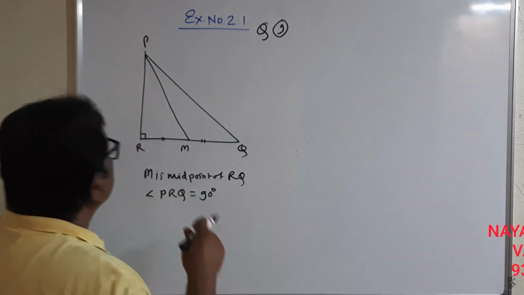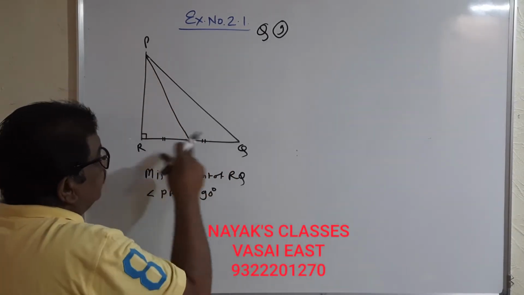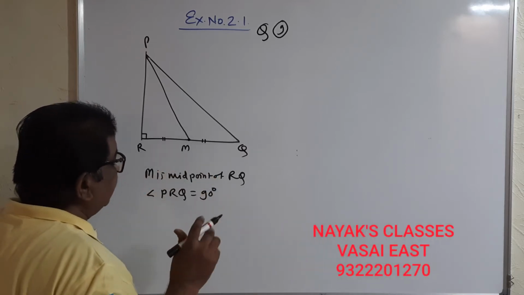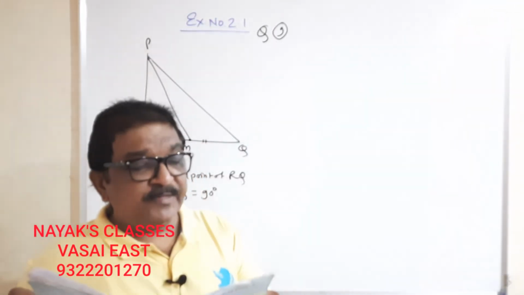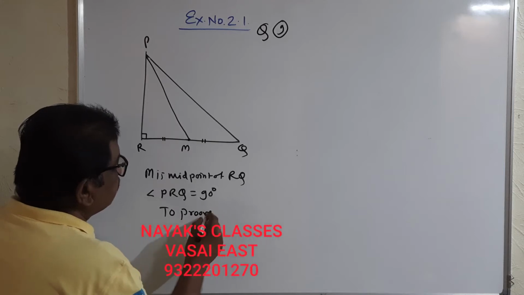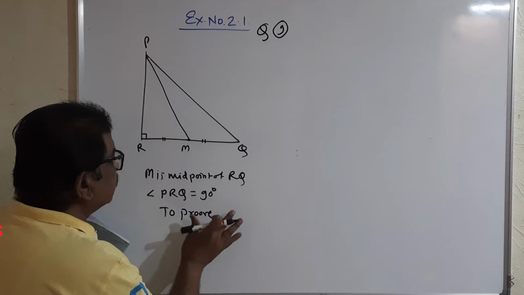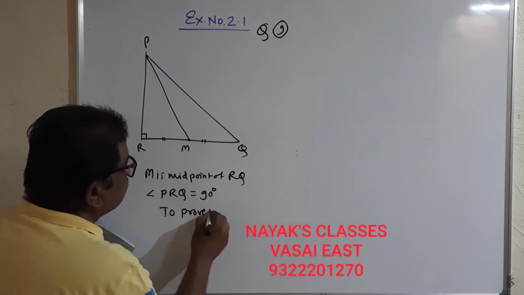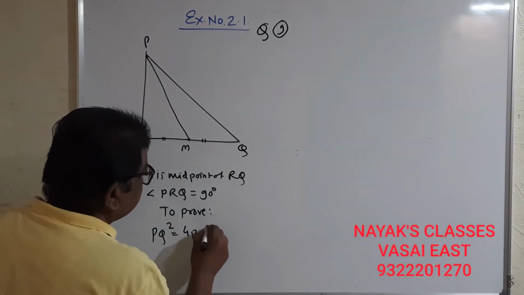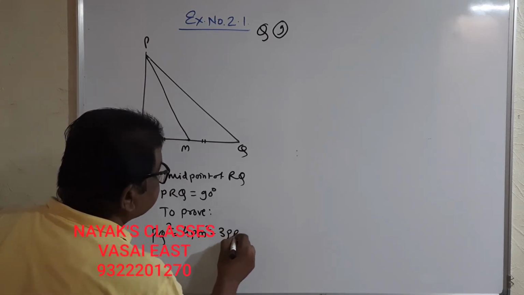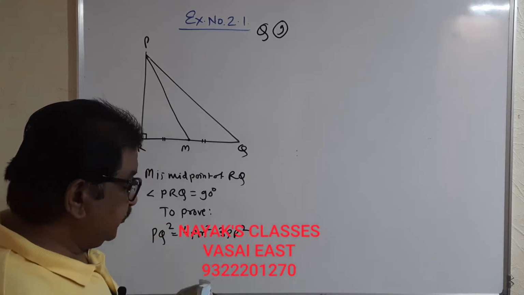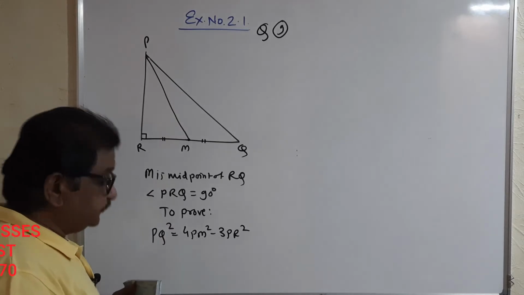They have given us one right angle triangle PRQ, and they have said M is the midpoint of RQ, and we have to prove PQ square is equal to 4PM square minus 3PR square, that we have to prove.